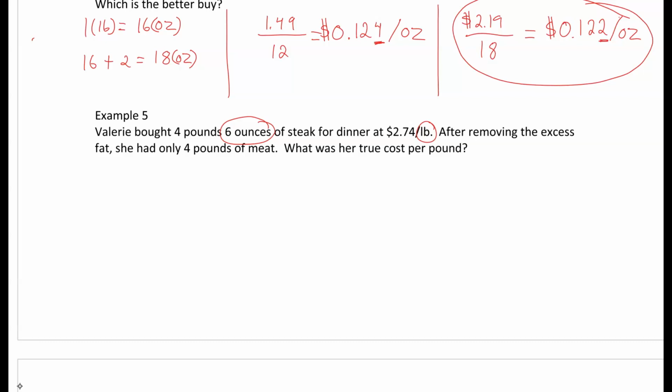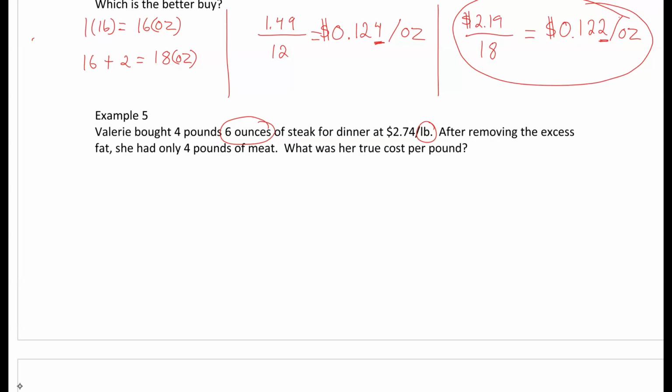Then you're going to have to multiply it by that $2.74 to figure out what your total cost is. And then the last thing is you're going to divide it by how much you actually have in weight after you trimmed it. So the first thing is you're taking your ounces and converting them into pounds and adding them on to your 4 pounds.